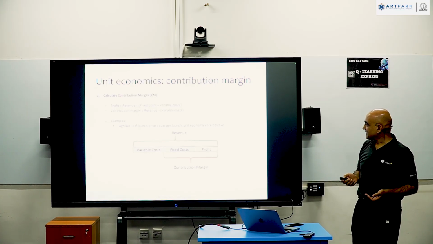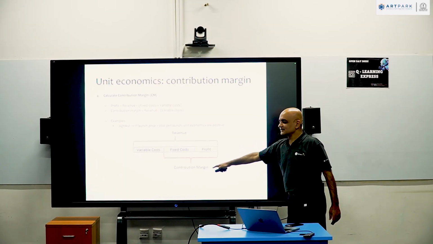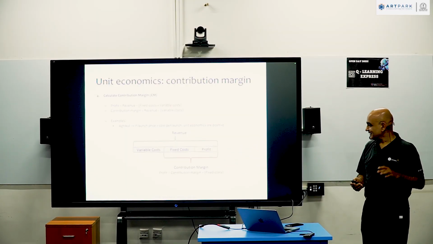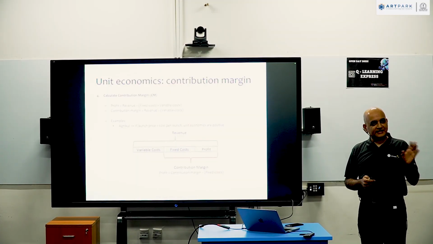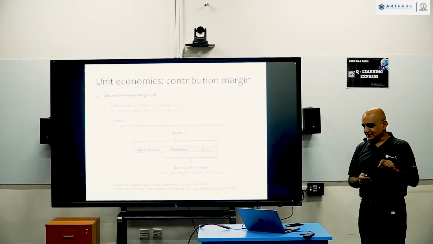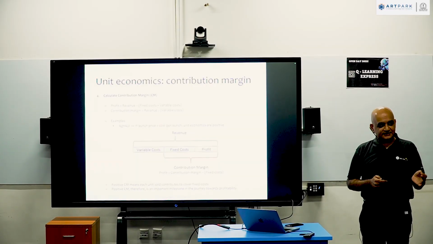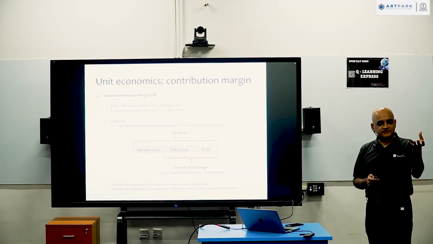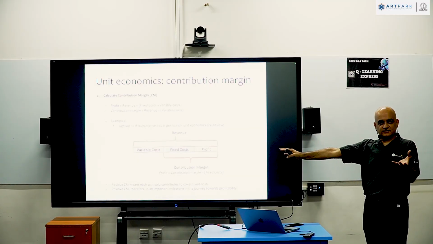The reason to define it like this is that these two, fixed cost plus profits, is contribution margin. What it means is this: profit is nothing but contribution margin minus fixed cost, right? Therefore, the term contribution margin really is how much margin every unit of sale is giving you to cover your fixed cost.